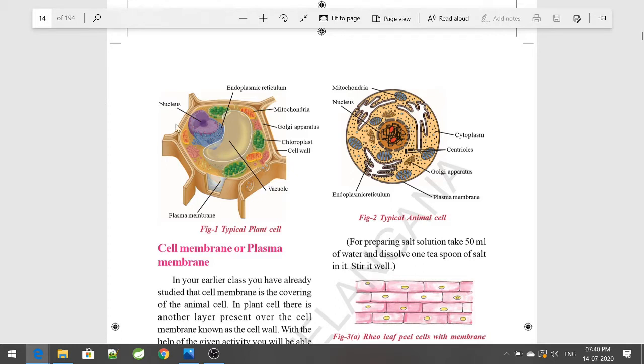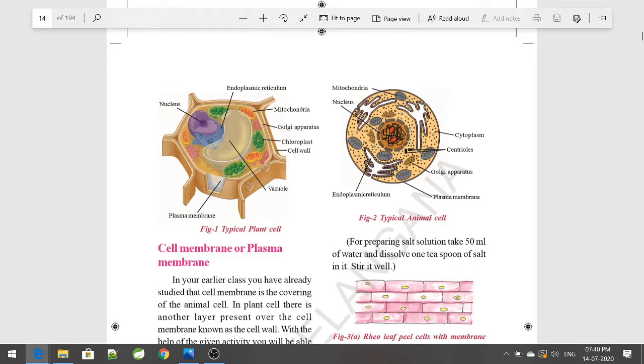What all do we have? So, nucleus. The nucleus is the basic unit, bound by a membrane in the cell. We call it the brain of the cell. Nucleus is present, and this is a large vacuole. Nearer to the nucleus we have the endoplasmic reticulum.